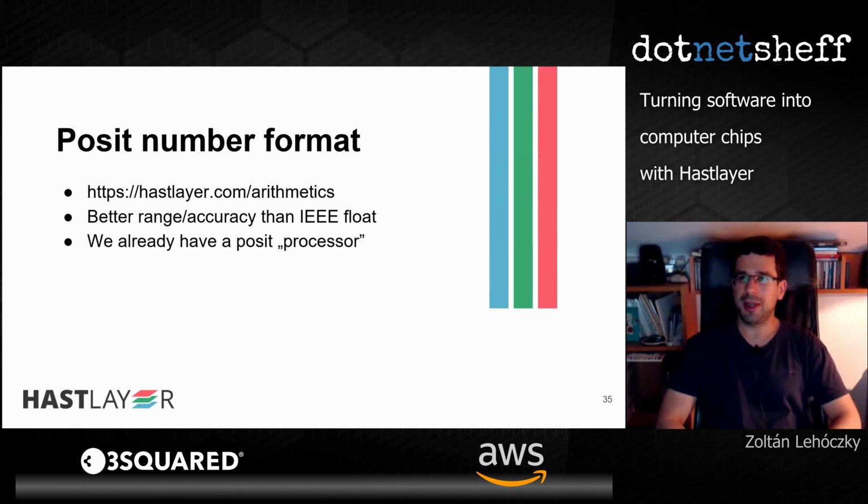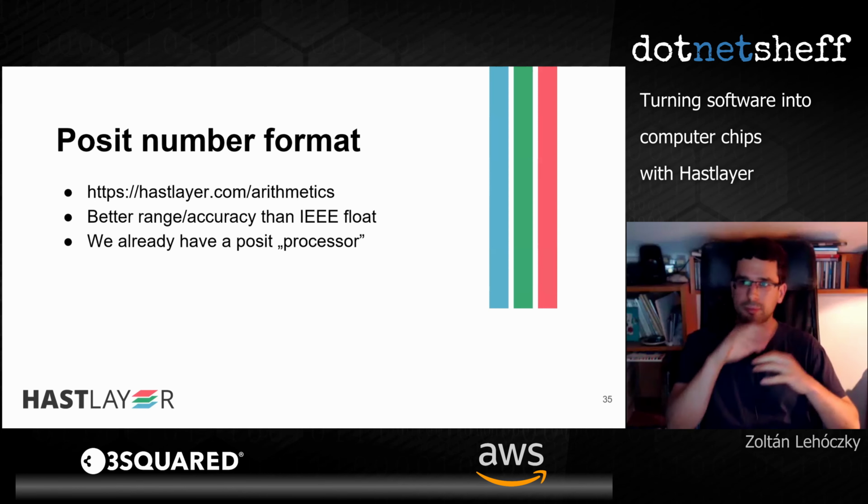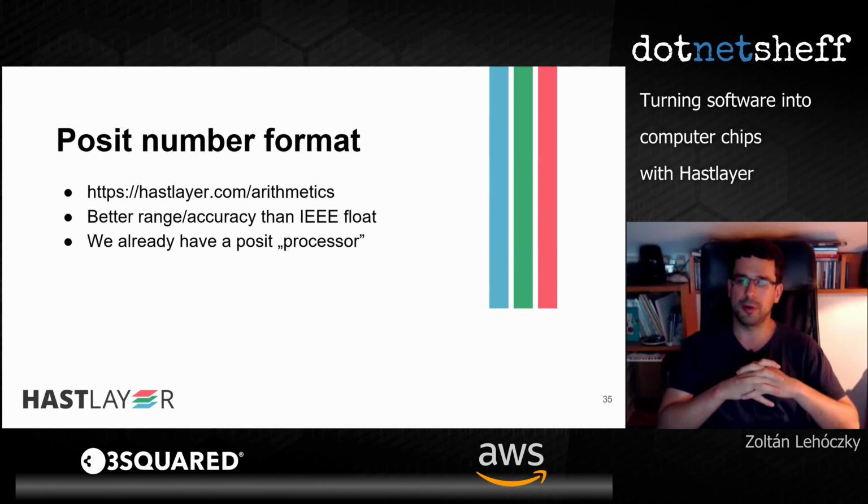Also, an interesting thing is that with Hastlayer, you can have your own number formats. Now, if you are working a little bit in the machine learning space, you have probably heard of reduced precision floating point. The point there being, pun intended, that you trade some accuracy of the numerical results for speed. And how you do that is that you use smaller number formats to store fractions of numbers.